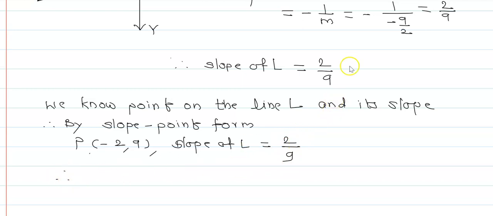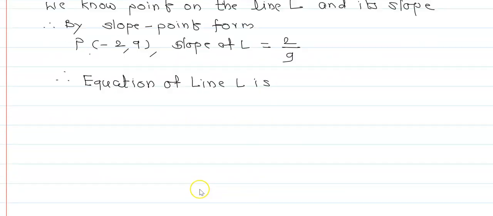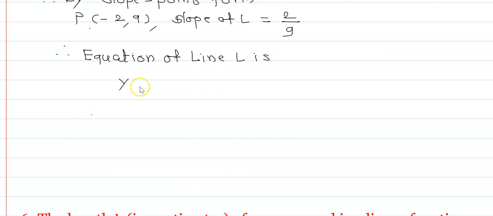Therefore, suppose that the slope is m1, therefore the equation of line L is y minus y1 is equal to m in bracket x minus x1.